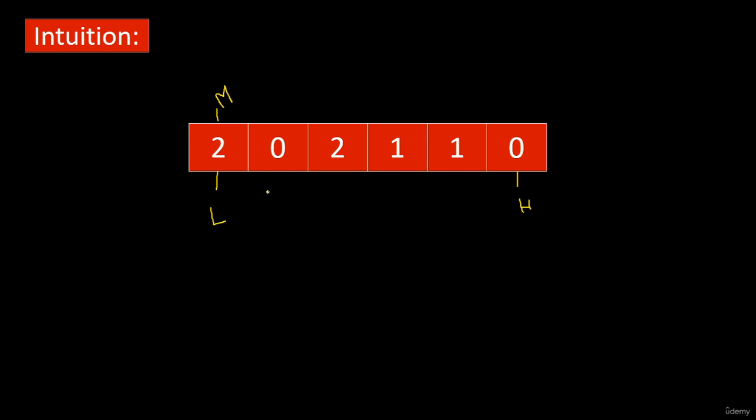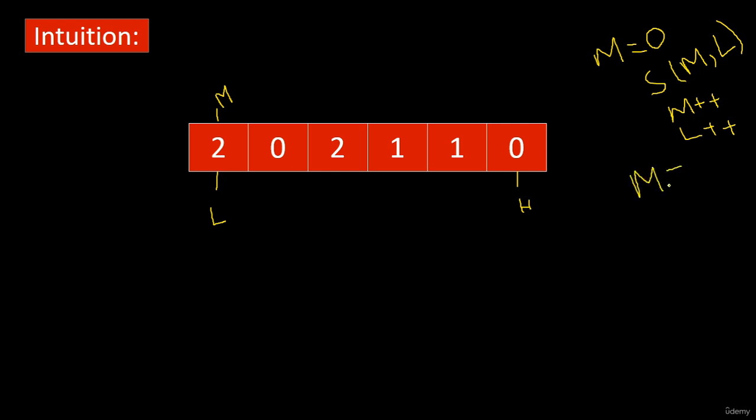Now, first, we're going to check if the middle pointer points to 0. If the middle pointer points to the element 0, then we will swap middle and low, and we will move middle to the next and low to the next. If the middle pointer points to 1, then we will just move the middle pointer to the next element.